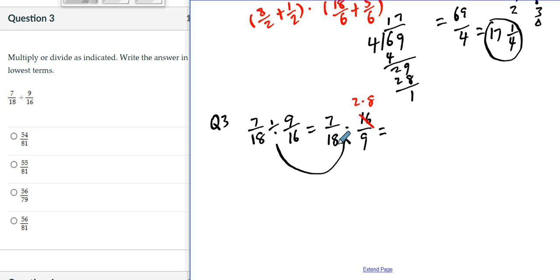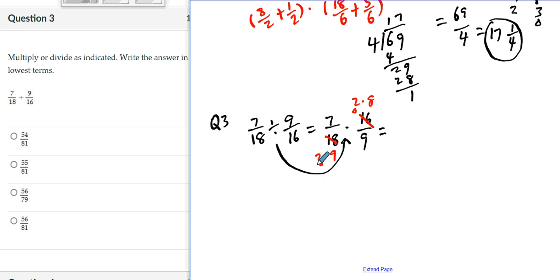Downstairs, you have 18, which is 2 times 9. Okay, now what can be cancelled? 2 upstairs, 2 downstairs.